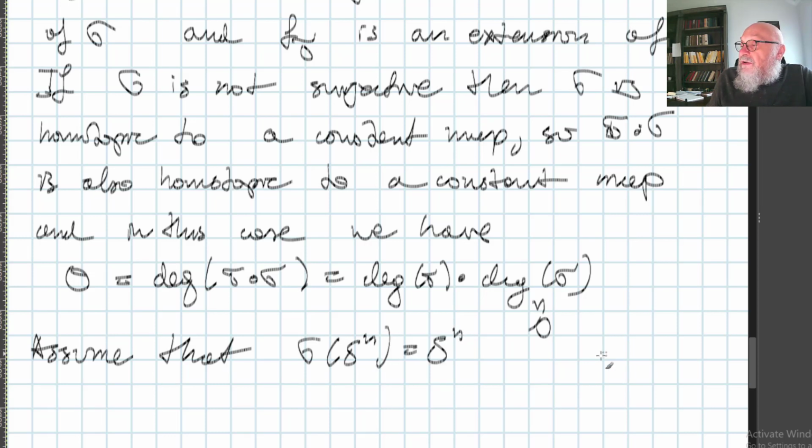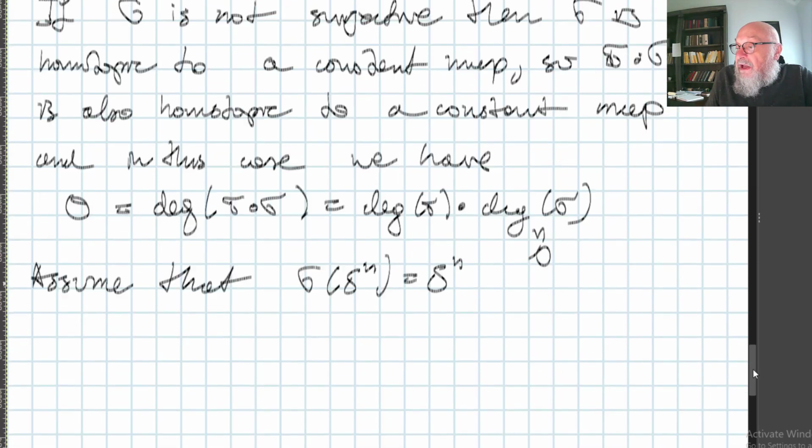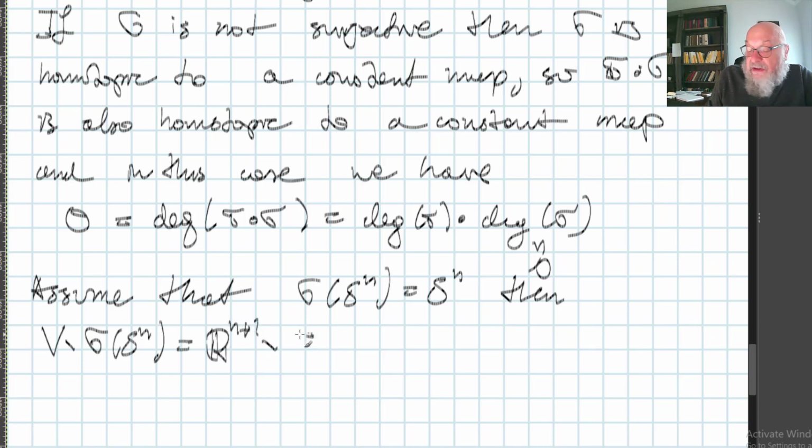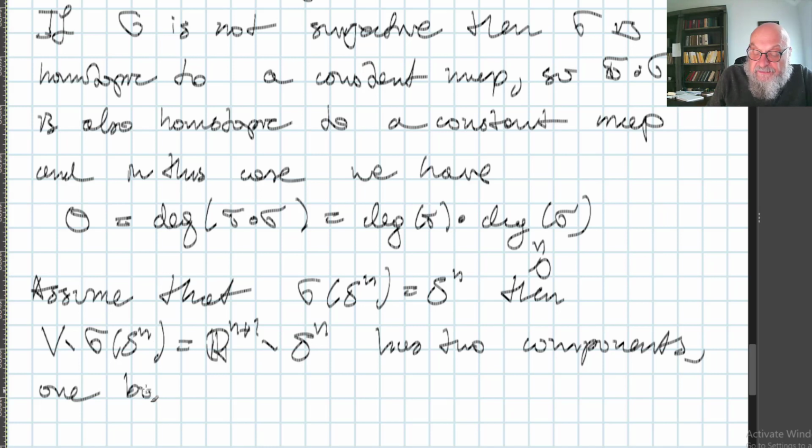And in such a case, if this is surjective, then V minus sigma of Sn, which is the boundary, will be exactly equal to Rn plus 1 minus Sn. And this set has two components. One bounded and one unbounded.